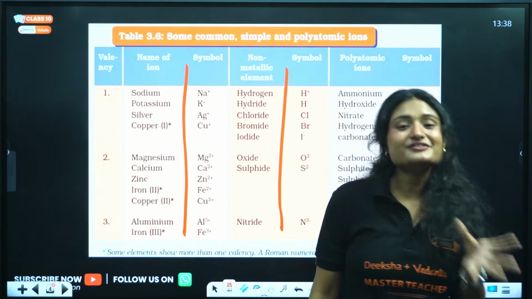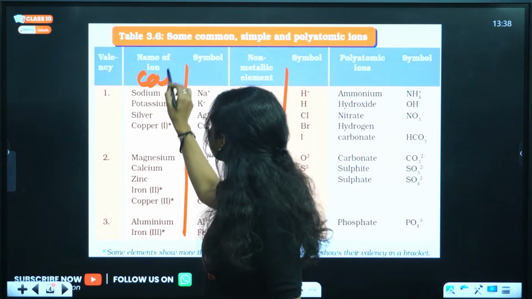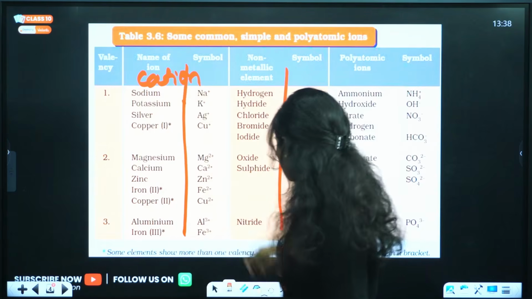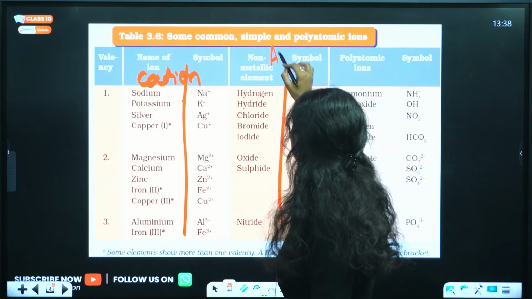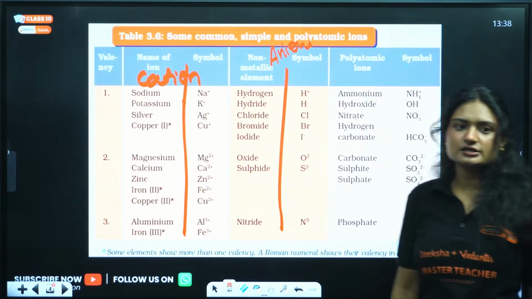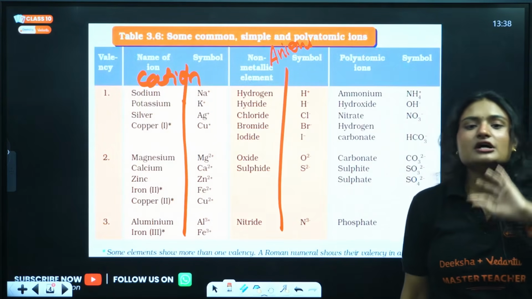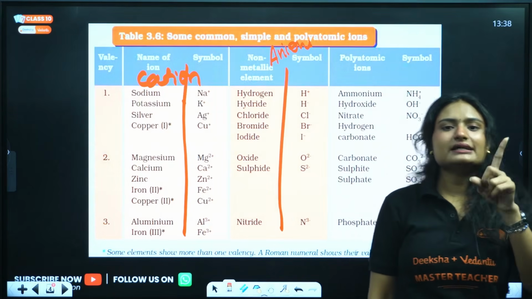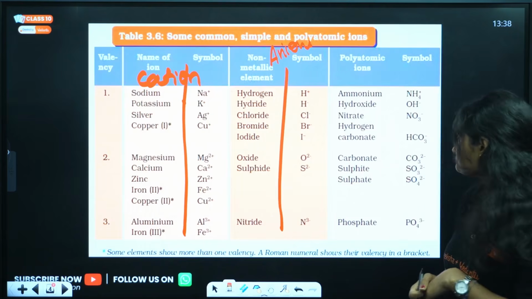Cations are positively charged ions. And then we have anions. What are anions? They are negatively charged ions. Sodium Na positive, potassium K positive, that is the valency. They have a combining capacity of 1. They can form a bond with one element, right?